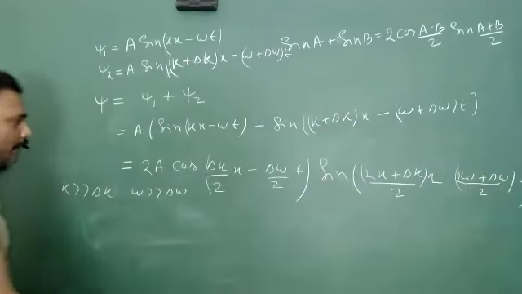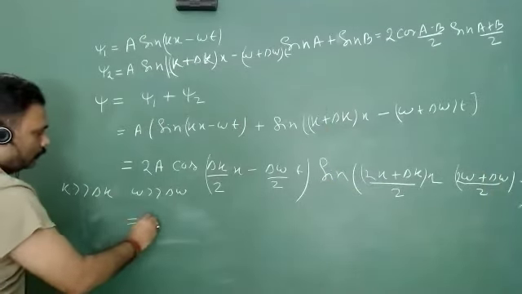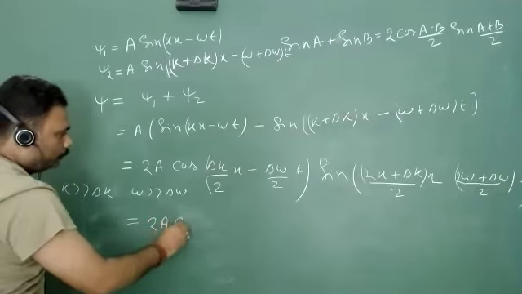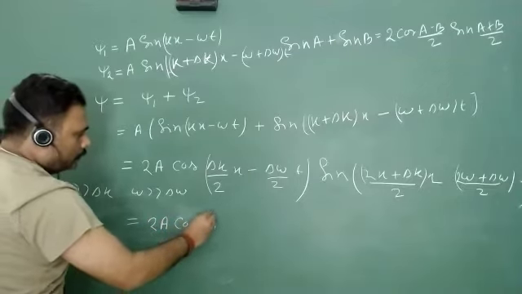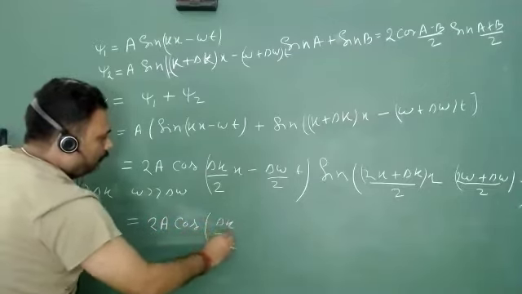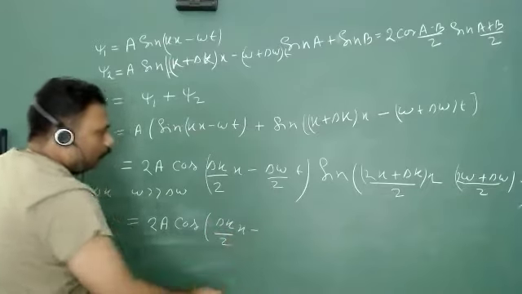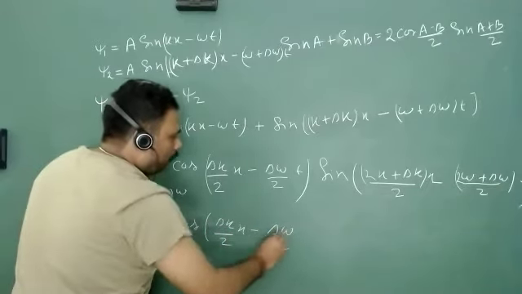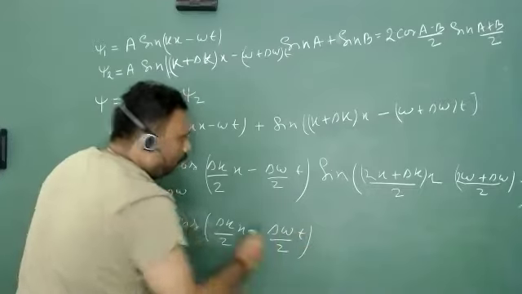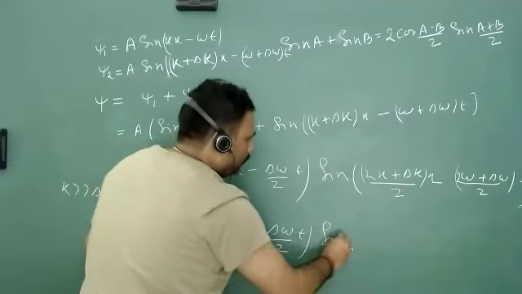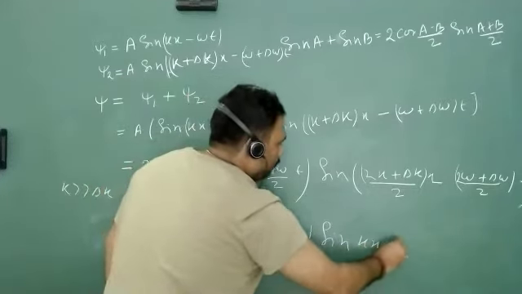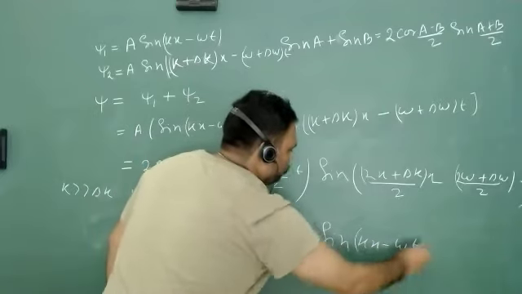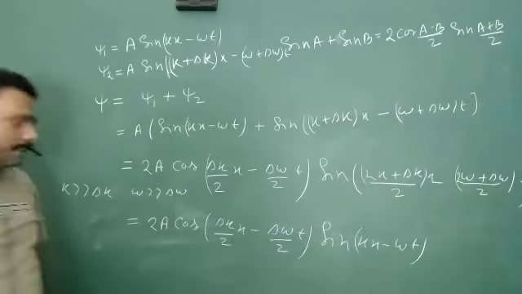So the final answer is 2a cos(delta k by 2 into x minus delta omega by 2 into t) and here is the sin(kx minus omega t).